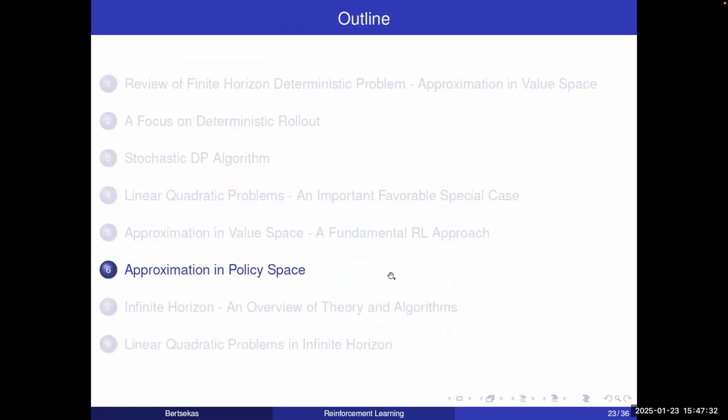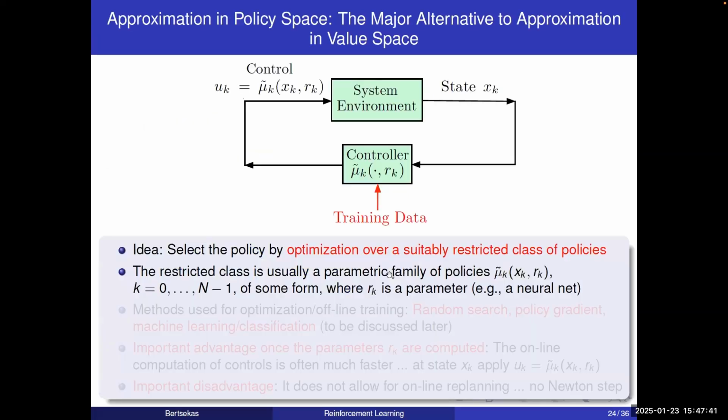And now we shift our attention to a major alternative to approximation in value space, which is approximation in policy space. As you may recall, in approximation in value space, what we do is try to get some approximation J tilde to approximate J star.